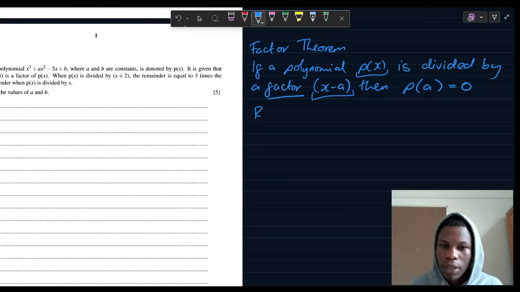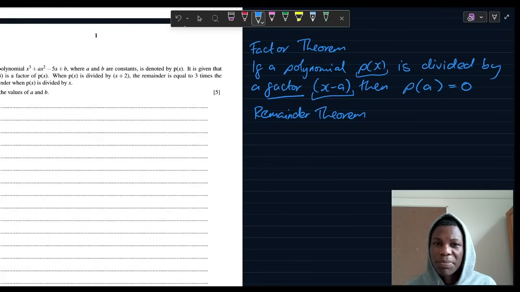And then we also have the remainder theorem, which in truth is the one I should have written first, because the factor theorem is kind of like a special case of the remainder theorem.